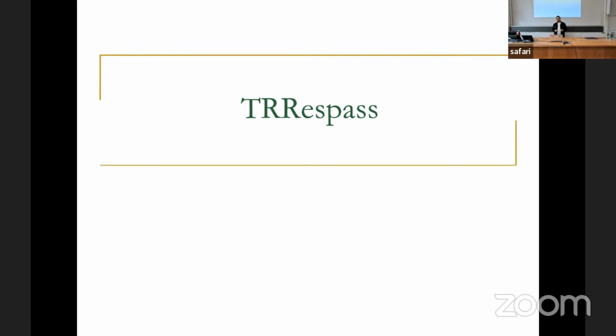Target row refresh essentially observes your memory access patterns, finds potential victim rows, and refreshes those rows in a targeted way. But this is a very high-level explanation, and you do not see any further details about these mechanisms, because it's considered proprietary knowledge and a corporate secret. They do not reveal it.